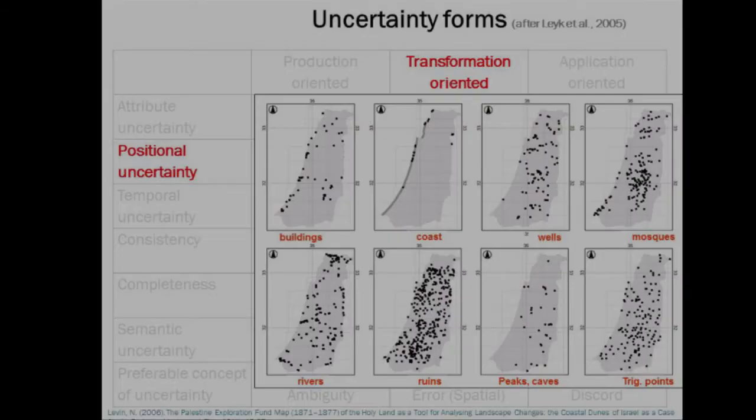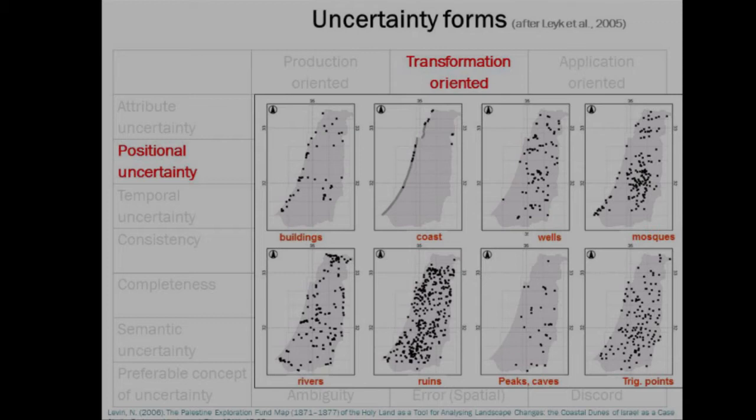How accurate are the features that are shown on the map? How accurate are they in space? Was a certain well shown in its real place, or is there some error in its location?